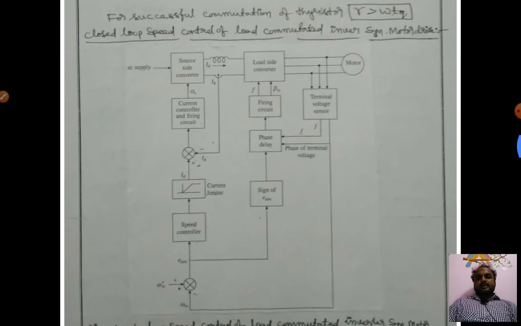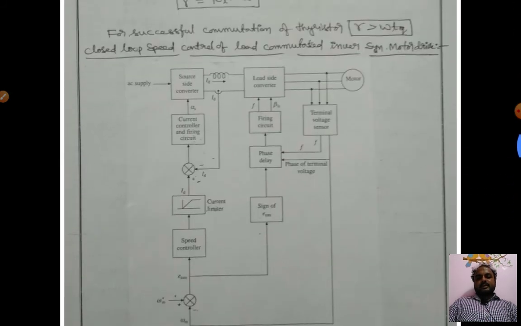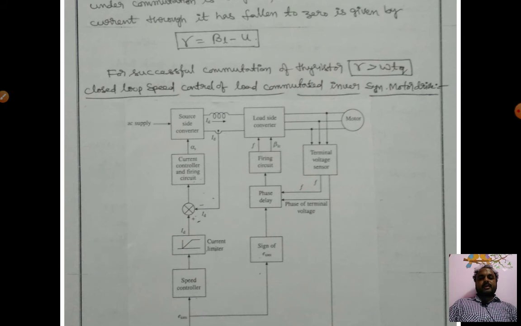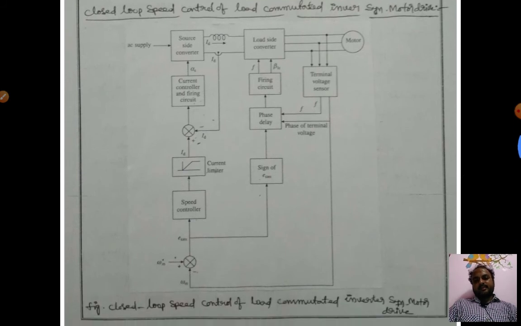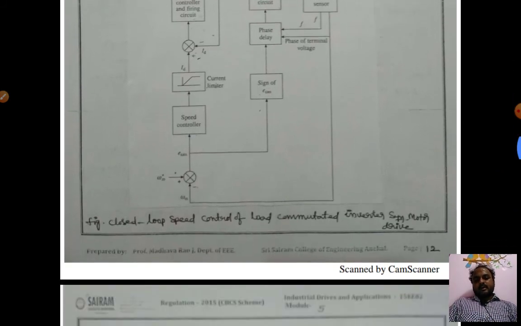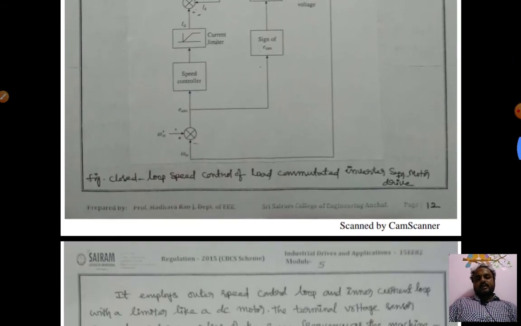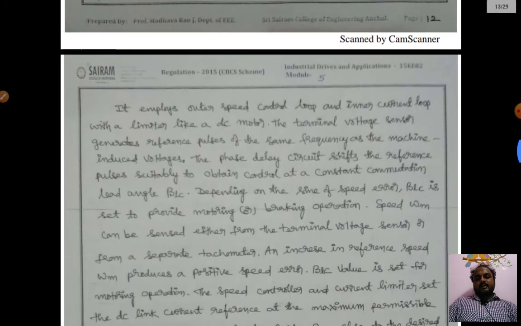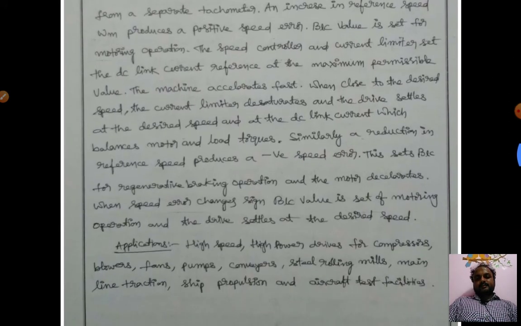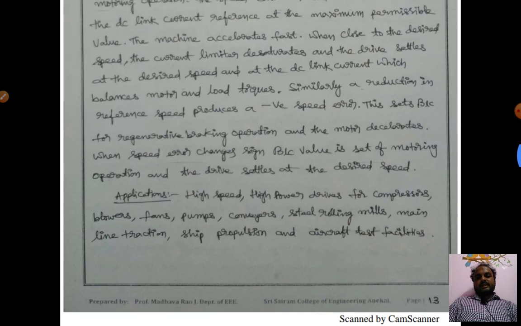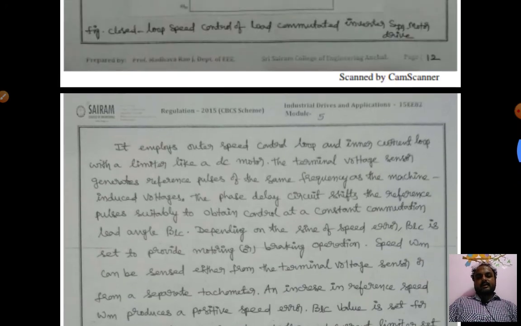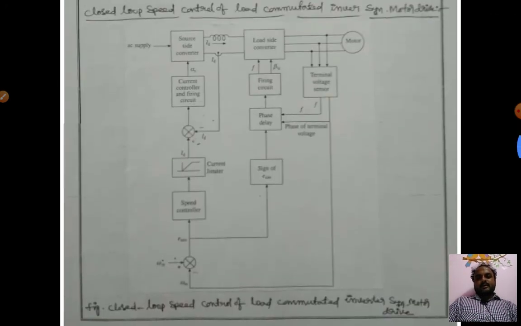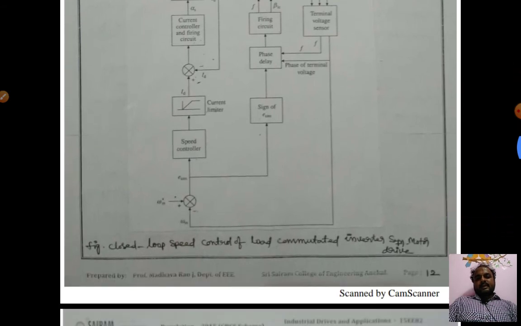One more in this topic is closed loop speed control of load commutated inverter synchronous motor. This is a block diagram of the load commutated inverter synchronous motor drive. Here we need a pulse delay circuit.